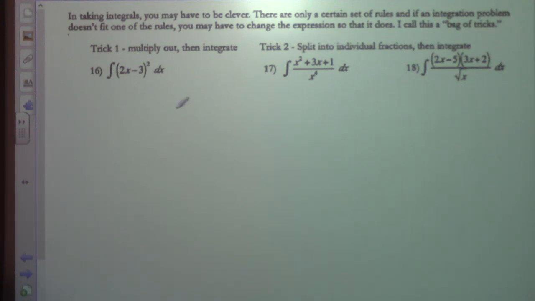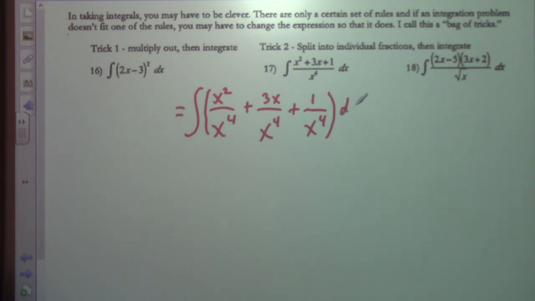So for 17, what we would have is the integral of x squared over x to the fourth, plus 3x over x to the fourth, plus 1 over x to the fourth, and then dx all that. Is everybody okay with this step here?